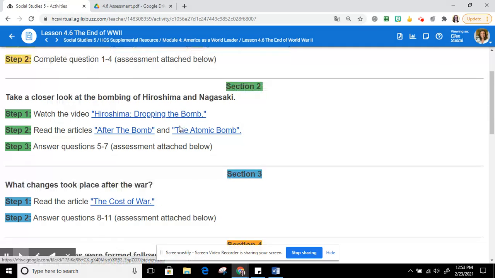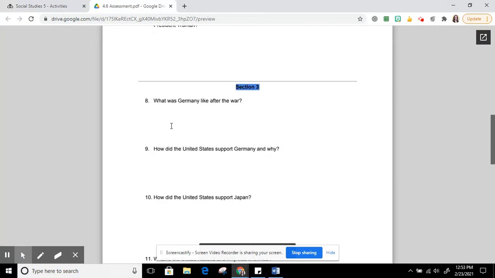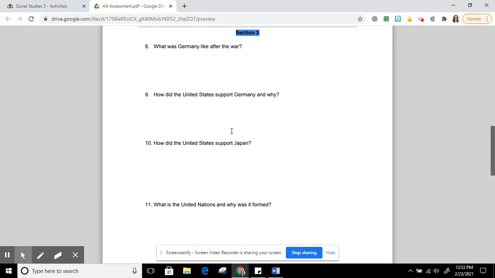Okay. Section 3, what changes took place after the war? Step 1, you're going to read the article, The Cost of War, and then you're going to answer questions 8 through 11. So let's look at 8 through 11. Section 3, 8 through 11. What was Germany like after the war? How did the United States support Germany, and why did they support them?